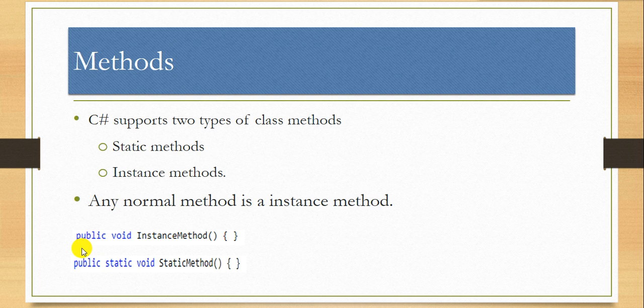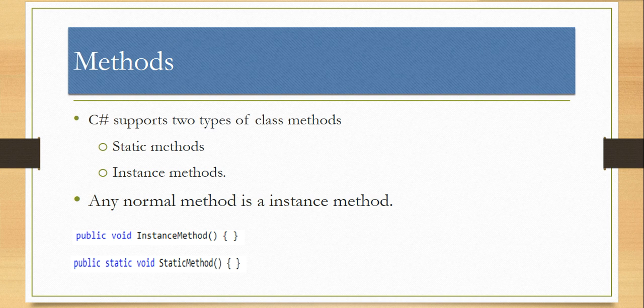The syntax for declaring a method is access modifier, return type. I will explain in detail about return types in my later videos. And then, as I was saying, the method name, brackets inside which you can pass parameters, curly brackets inside which you can type in statements.